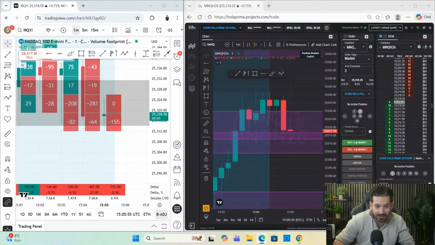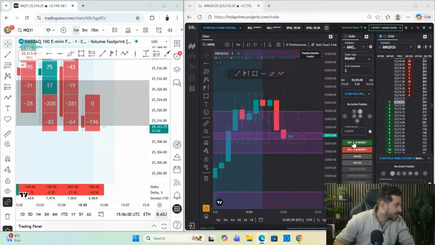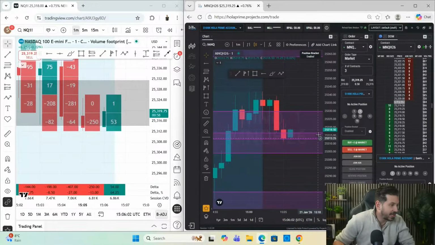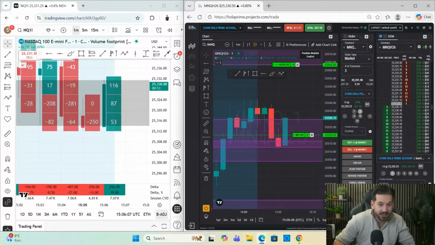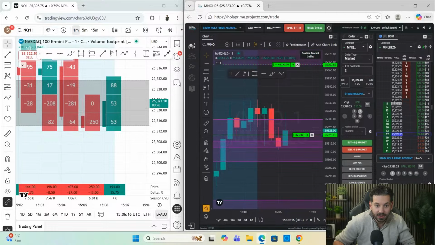Okay, I've just entered on my cash. I'm going to enter on the Ola Prime as well. Oh, almost missed it. Okay, I'm going to manage my cash account a bit more. I've got a worse price on the Ola Prime account, but that's fine. It's hard managing 2 accounts at once. It's not easy. There we go. Come on.